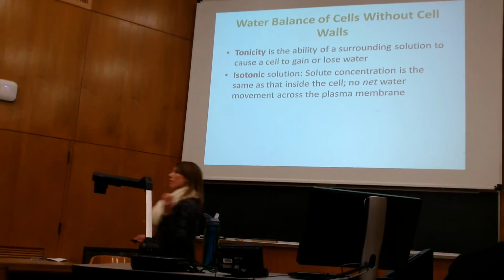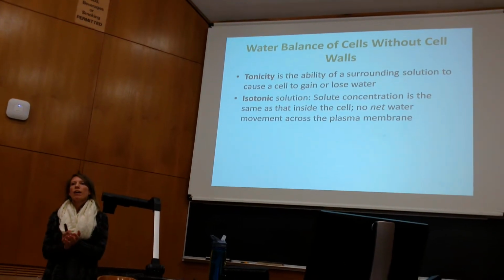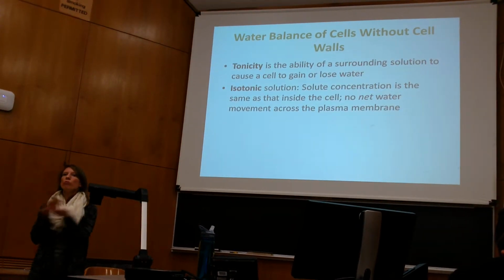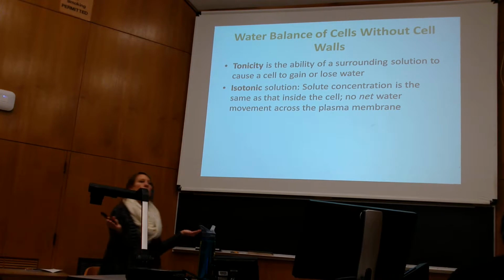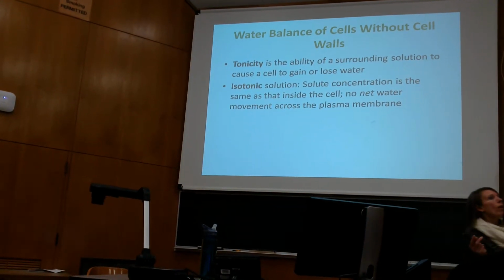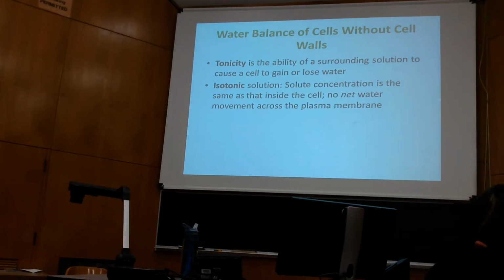An isotonic solution means that the surrounding solution has an equal concentration to that inside the cell. So there's no net movement of water between the cell and the solution. Water will go out and water will go in, but it's a net zero.